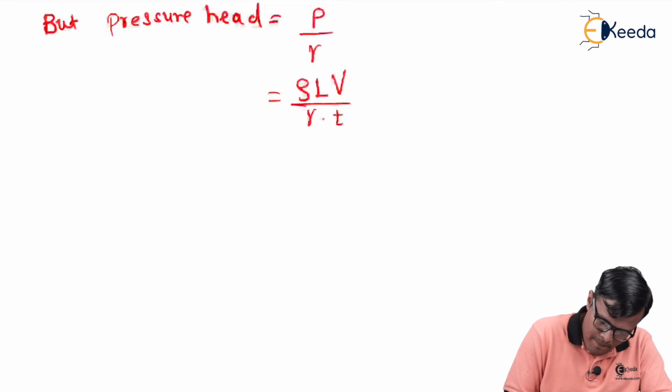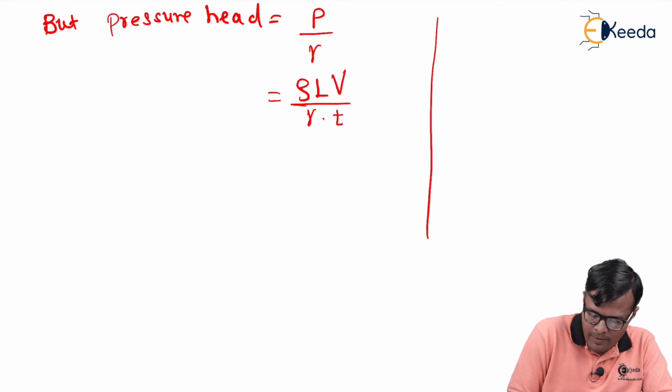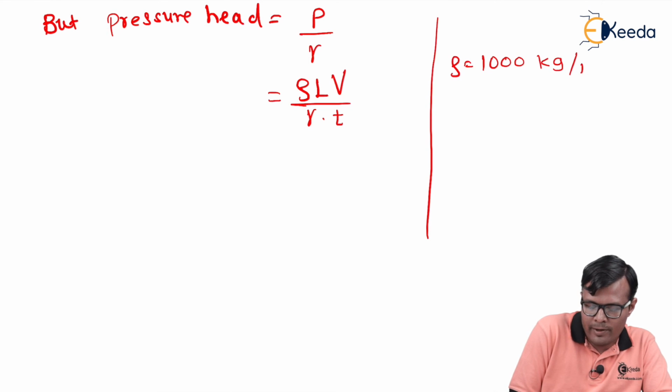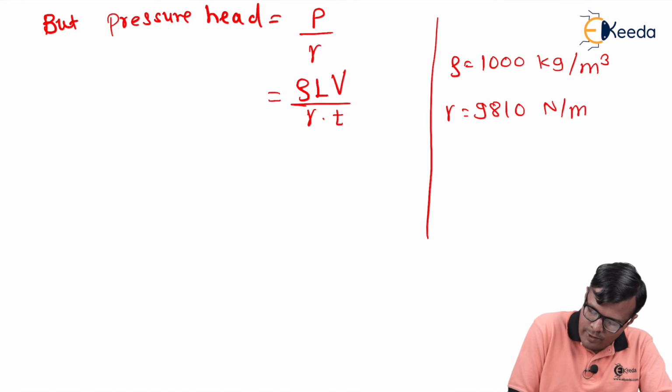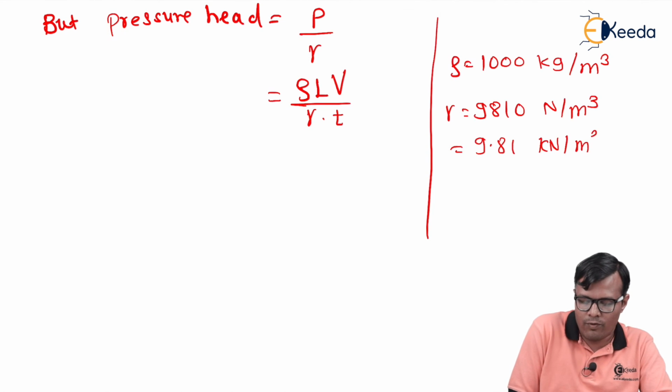Say for example, I am writing here on the side, rho is 1000 kg per meter cube for water and gamma is 9810 Newton per meter cube or 9.81 kilonewton per meter cube for water.